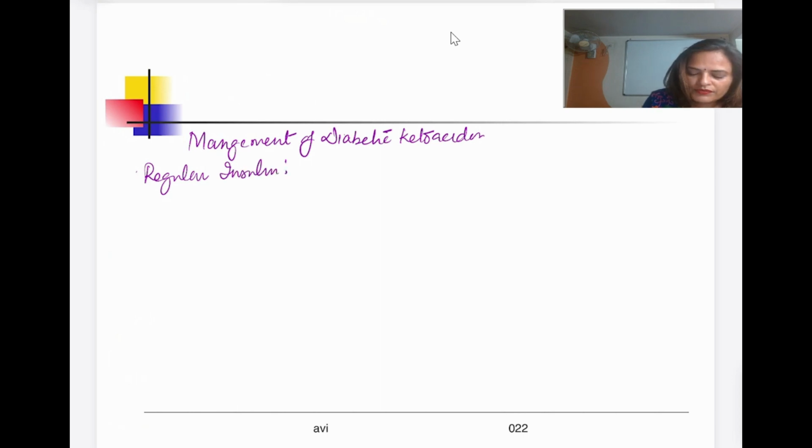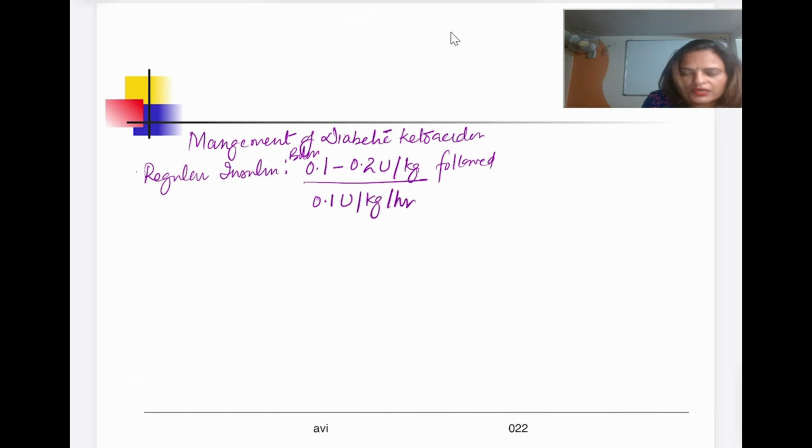You are going to give a bolus dose of 0.1 to 0.2 unit per kg. Okay, give the whole bolus, followed by 0.1 unit per kg per hour. This has to be given every hour. This is important, per kg per hour. Okay, and see the response.